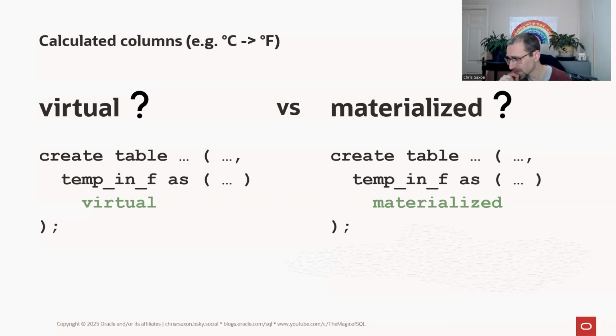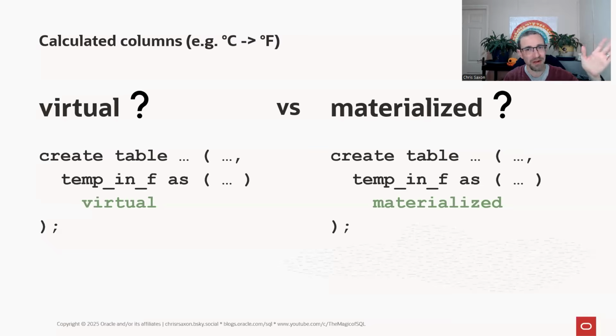Well, the advantage of doing it in the table is that we've got that calculation in one place, right? Yes, you're right. We might need to show it to different users. Some people might want Celsius, some people might want Fahrenheit. We could do that on the fly, and actually, that's what virtual is really, doing it on the fly. But we don't need to repeat that formula.